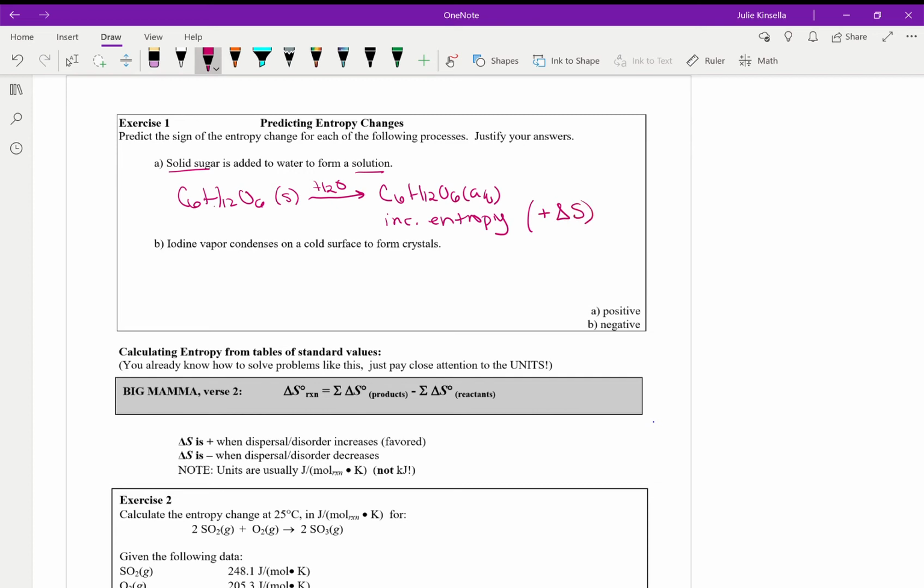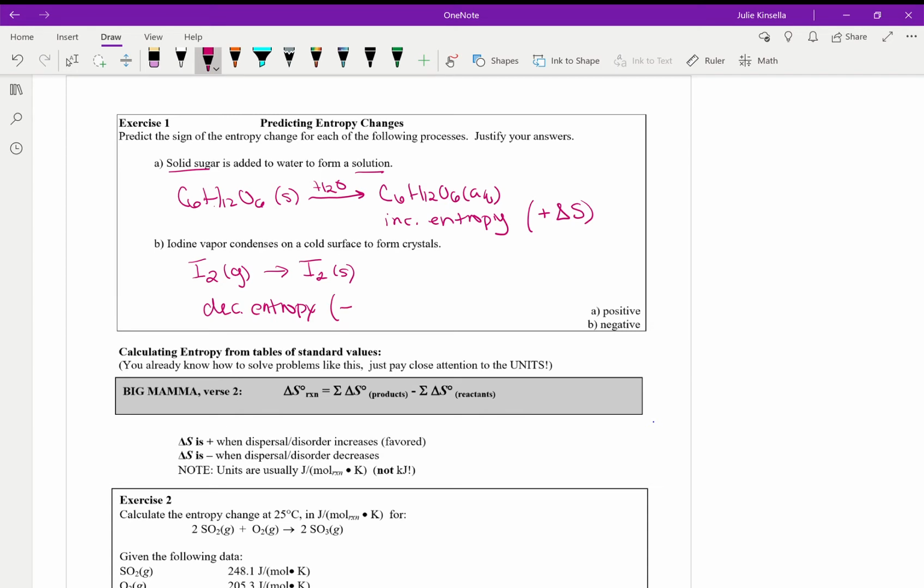But say we have iodine vapor, and iodine is diatomic, and it's a vapor, so it's a gas, and it's going into a crystal or solid form. In this case, we're going from a gas to a solid, so we are decreasing entropy.